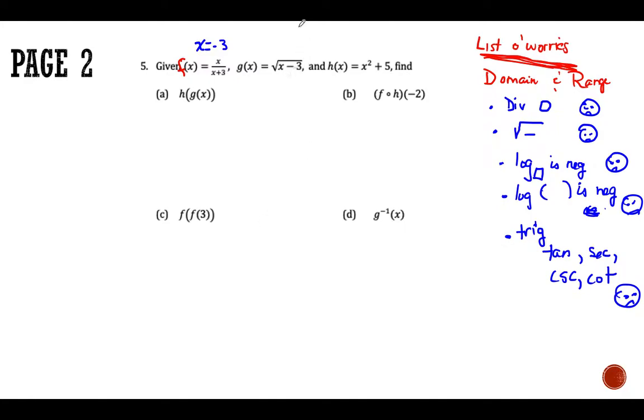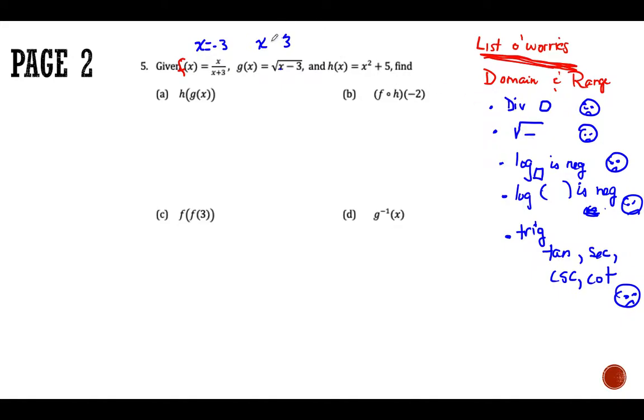Look at g. I can never plug in a number that is what? If you put in 3 for x, 3 minus 3 is 0, is it not? Square root of 0 is 0. That's okay. I just can't have a square root of a negative.